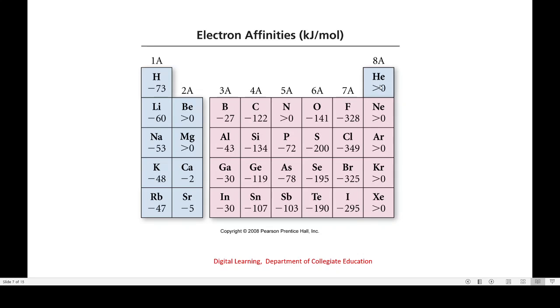The electron gain enthalpy is almost zero in the case of the noble gases because here the electron has to be added to the next energy level sub-level.